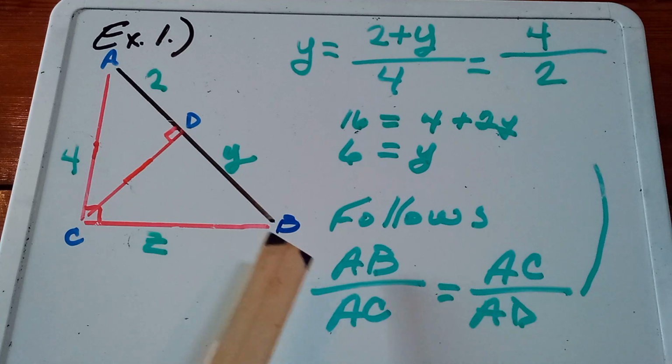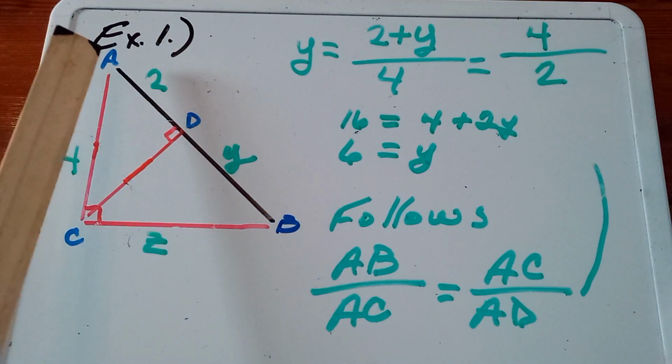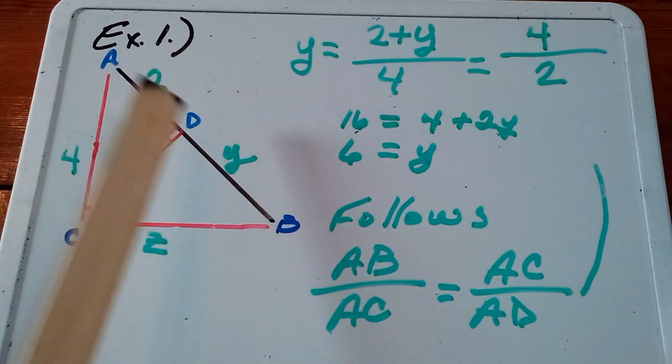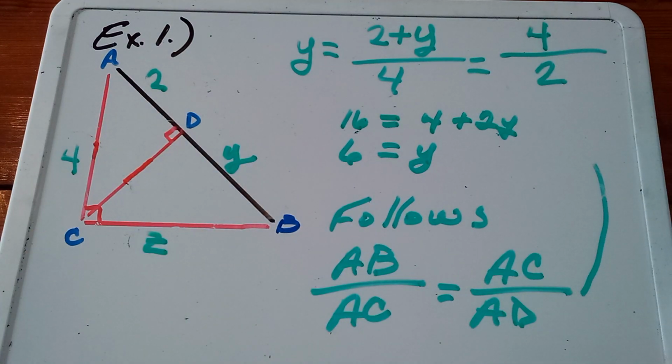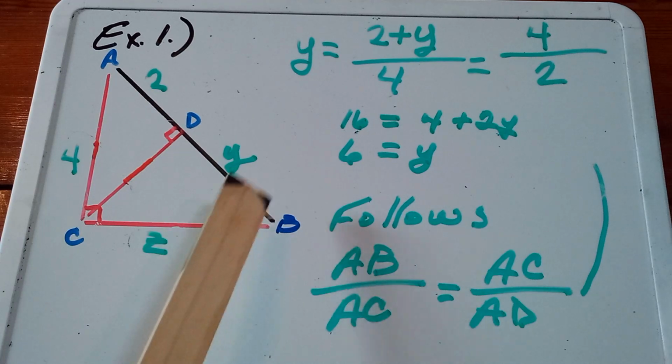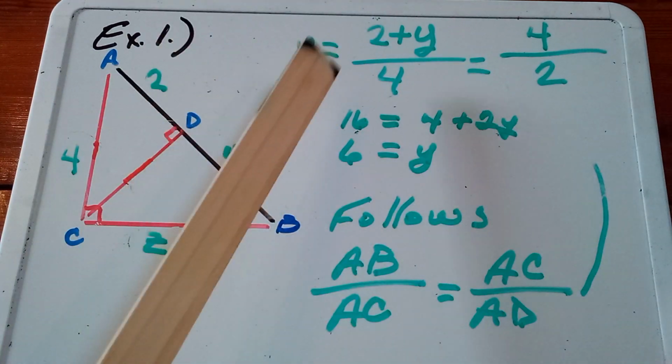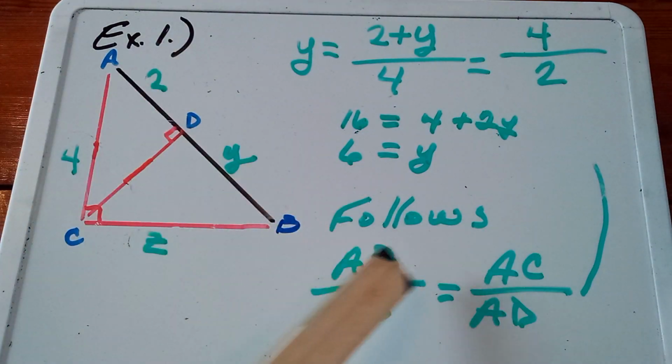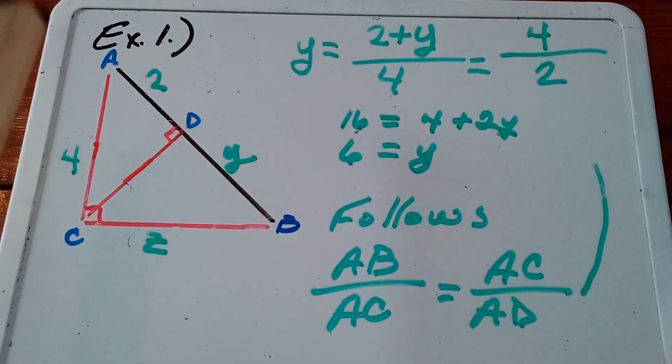Well, in this case, we know AC, so for that value we're going to fill in 4 for both of those. AB is this total length right here. We don't know the length of that leg. That's what we're solving for. But that total length of that leg would be 2 plus y. And then AD, we have that value given to us. That's a 2. So there's our setup.